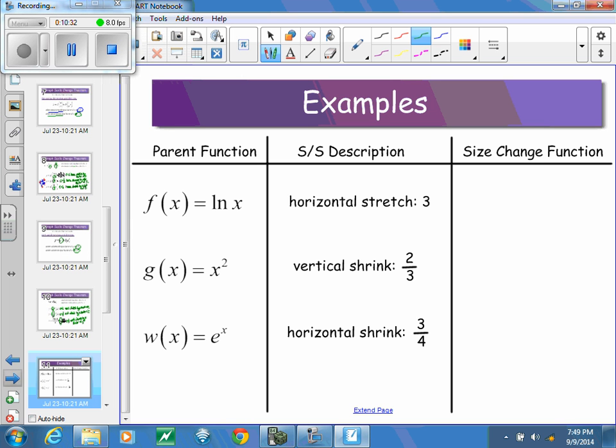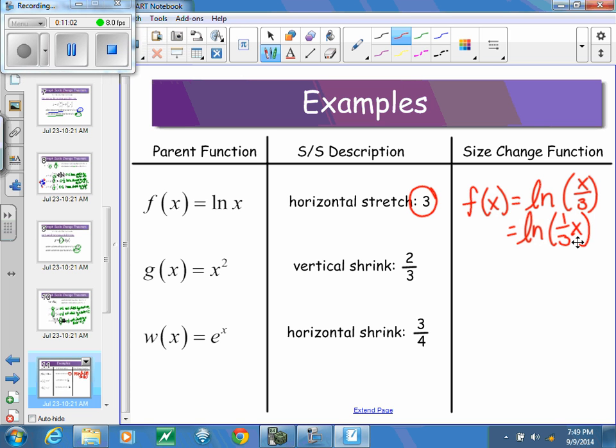So if we have a parent function of the natural log of x and we want to do a horizontal stretch of a factor of 3. Horizontal stretch, so that's going to be inside change, and it's going to be replacing x with x divided by c. And so now we have the function f of x is equal to the natural log of x divided by 3. Or you could write this out as the natural log of 1/3 x, and that would be a horizontal stretch of 3.